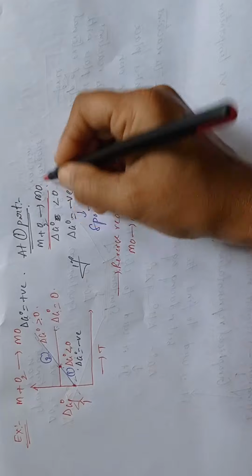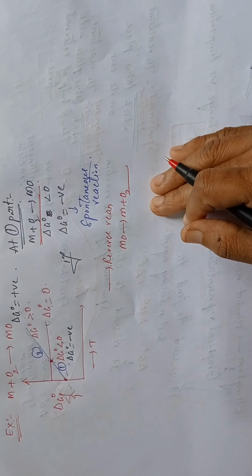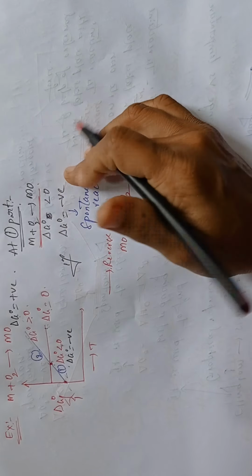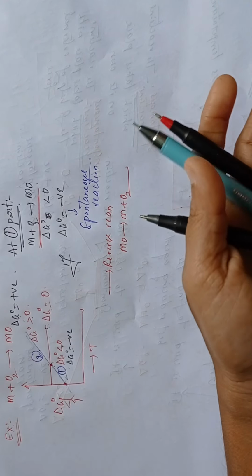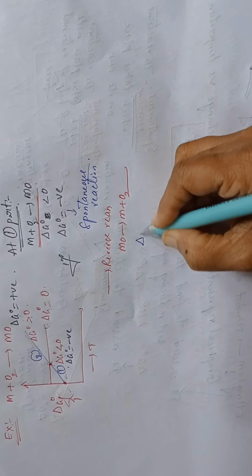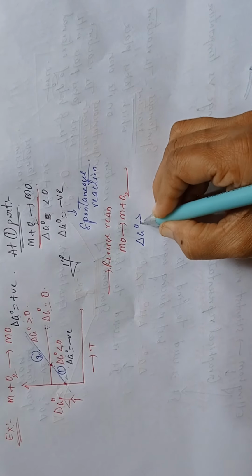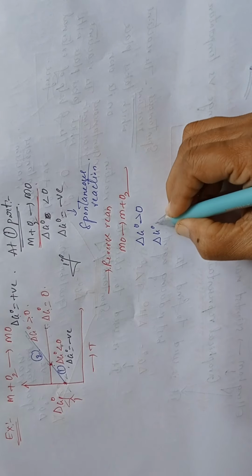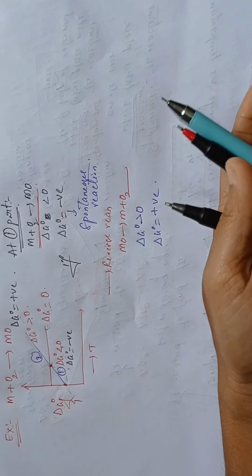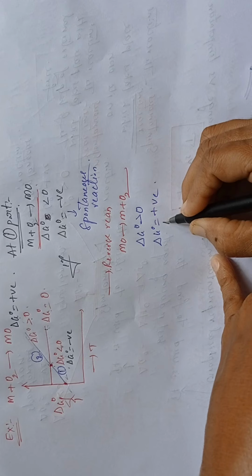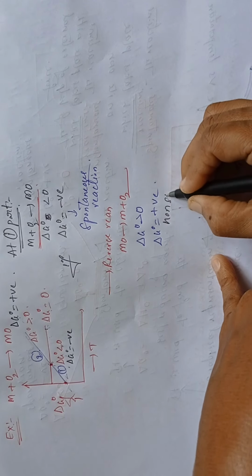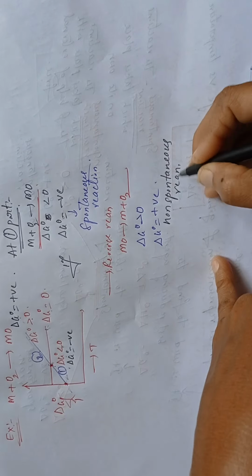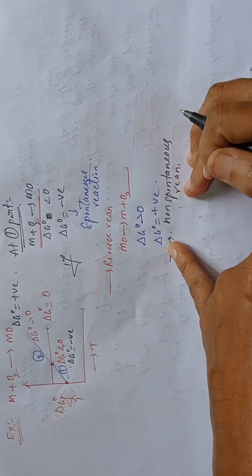This reaction becomes reversed, so the conditions also become reversed. It was less than 0 before, so now delta G naught value is greater than 0, meaning delta G naught is positive. That means the reaction is a non-spontaneous reaction.